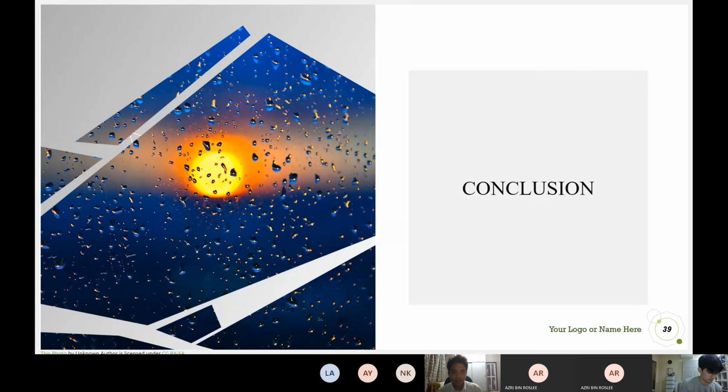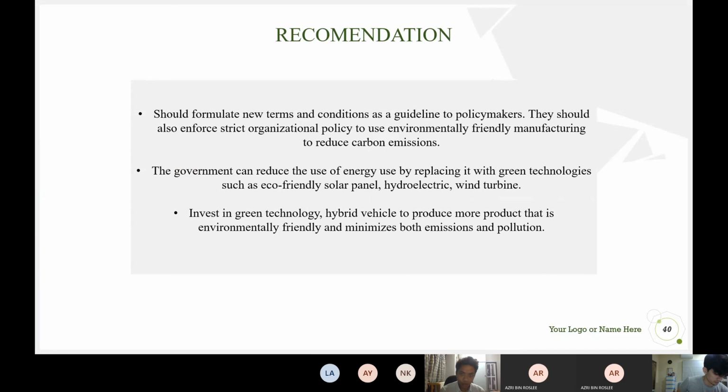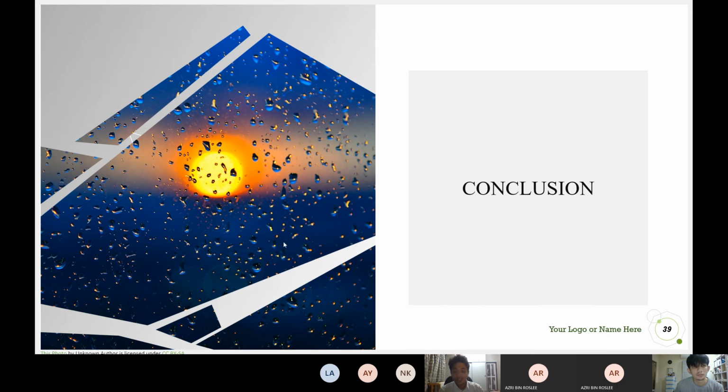Okay, chapter 5. In conclusion, the purpose of this paper was to signify the relationship and causal effect among carbon emission, energy consumption, green technology, capital formation, and environmental sustainability towards economic growth. The result of this study showed that generally, organizations need to apply green technology to reduce environmental pollution.